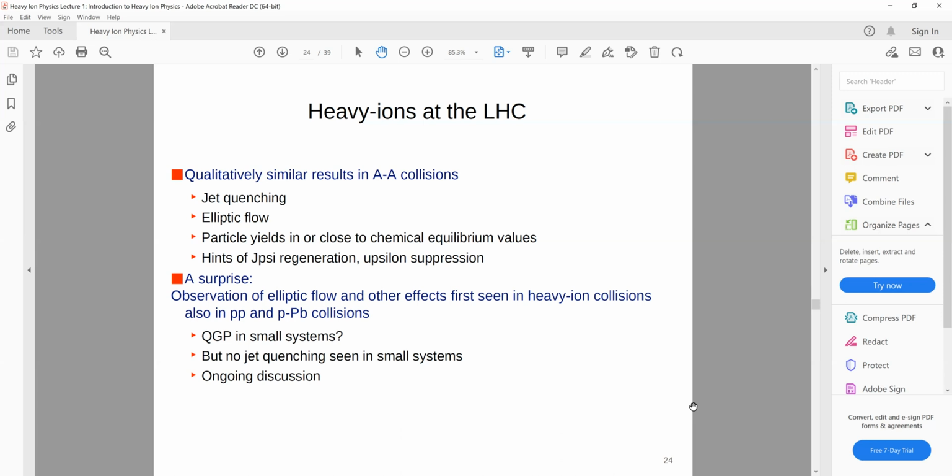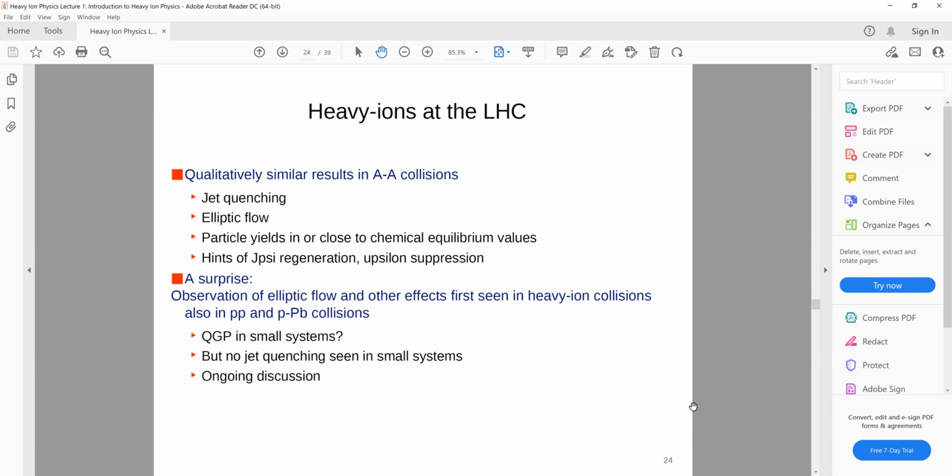Traditionally, as you know, proton-proton collisions are generally used as a baseline or a reference for heavy ion collisions, with respect to which you look for the medium effects. Similarly, proton-nucleus collisions, like proton-lead, are used to understand the effect of a cold nuclear medium.